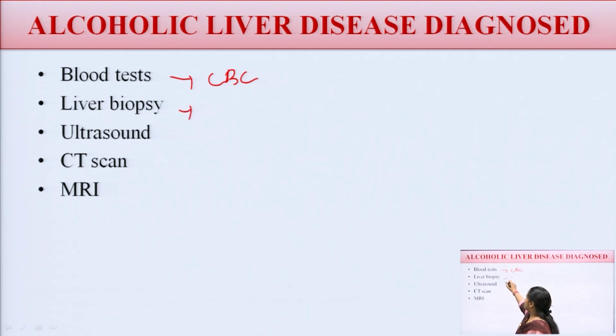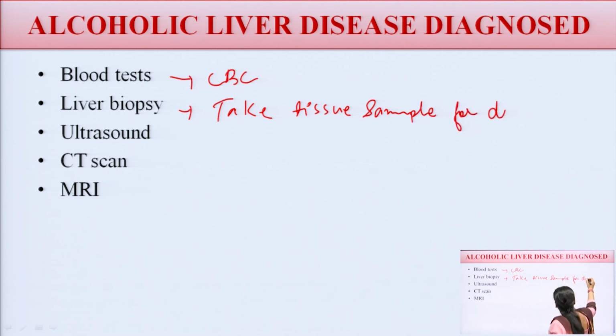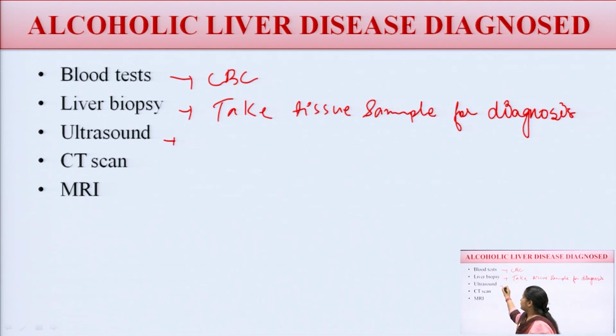Now liver biopsy: in this, they take a tissue sample for diagnosis. Right. What occurs in the ultrasound?